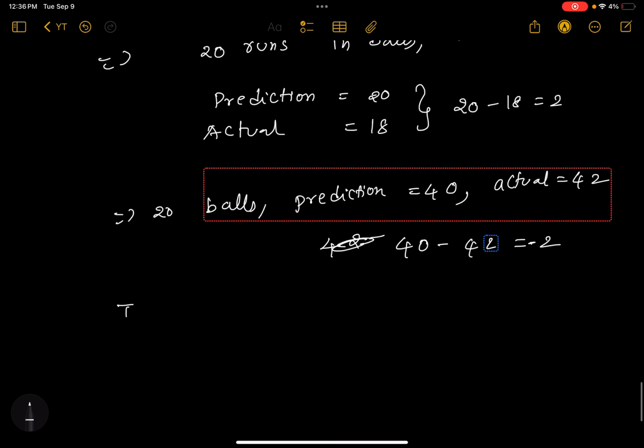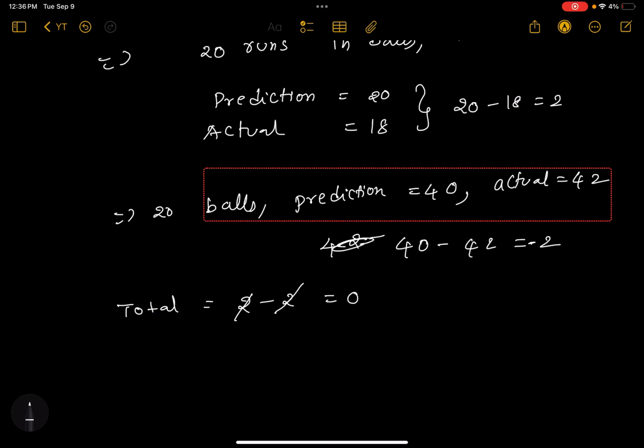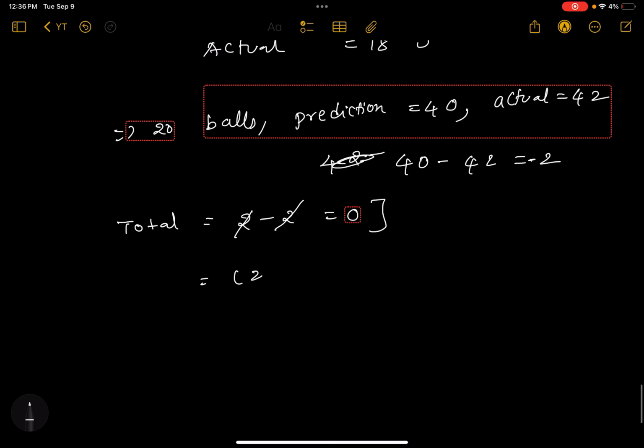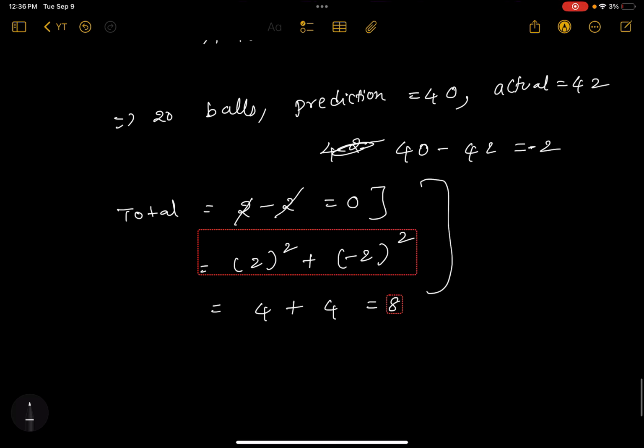So the total error, how much is the total error? 2 minus 2 cancels out and gives us 0. But is this representing the actual reality? No, right? So how do I tackle this? I'll simply square my error. 2 squared plus minus 2 squared, which comes out to 4 plus 4, which is 8. So this is known as mean squared error.